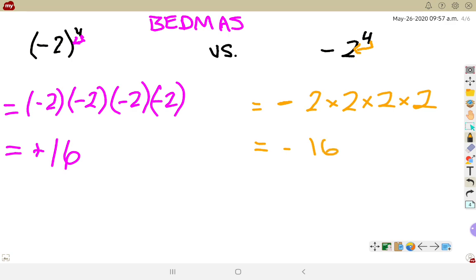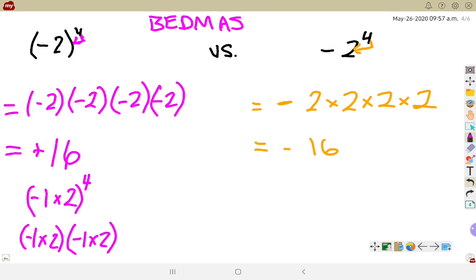Okay, now we saw when the brackets are repeating, here's what this one would look like. Another way of writing negative 2 is negative 1 times 2. Now if I have my exponent touching the bracket, everything in the brackets happens 4 times. So I still have those 4 negatives.